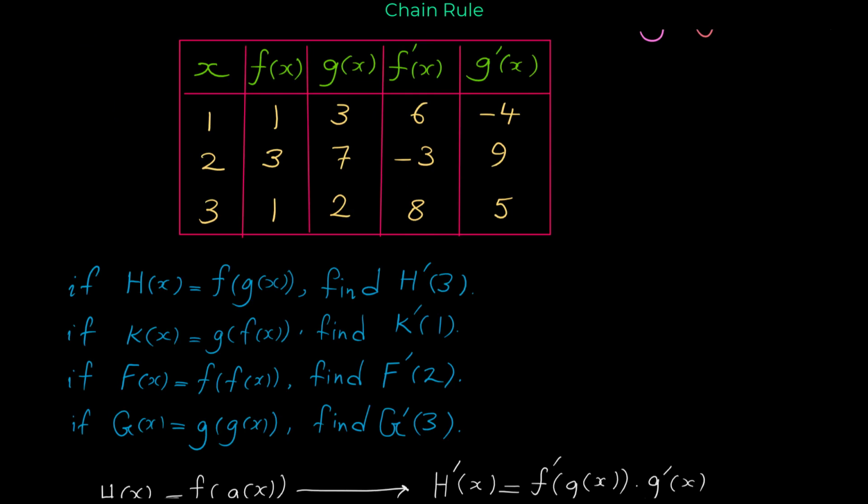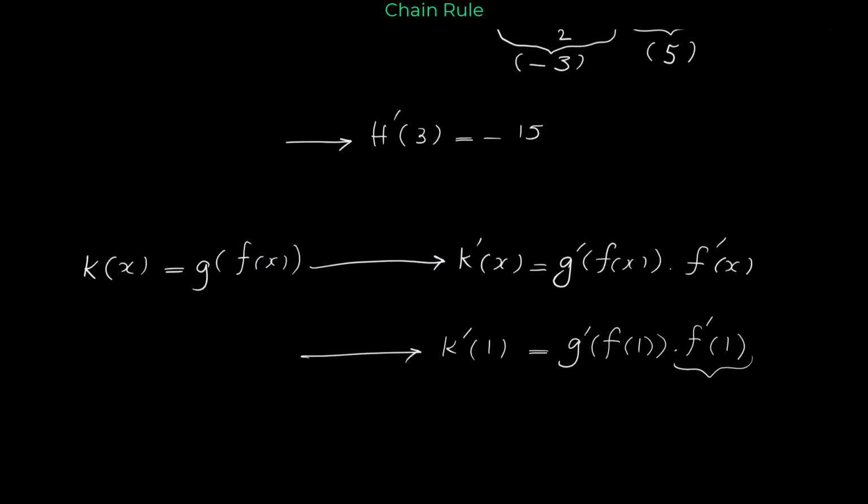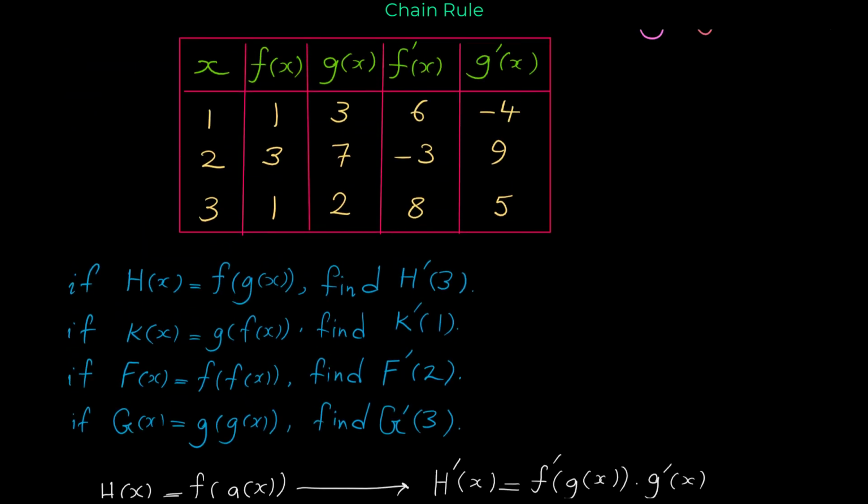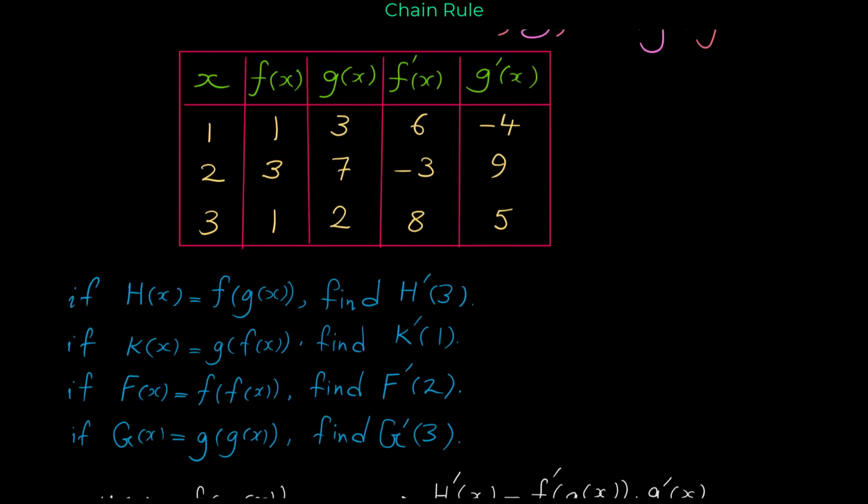The value of the f prime when x is 1. When x is 1, the value of f prime is 6. So this value is 6. First, again, we have to find what is f of 1. When x is 1, f of 1 is 1.